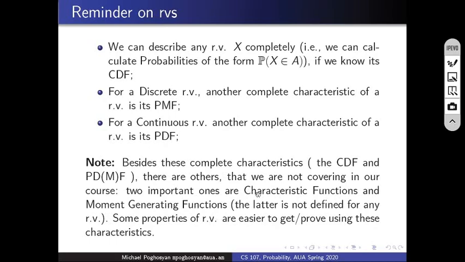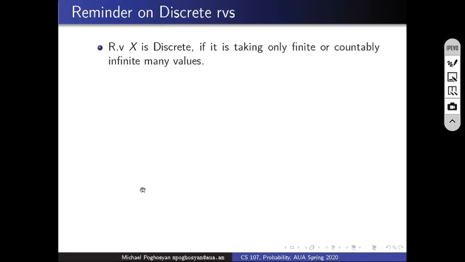And people use these, characteristic functions and moment generating functions, MGFs, for getting or proving some important results about random variables. For example, the central limit theorem, one of the important theorems in probability, which we will cover later, is proved by using characteristic functions.